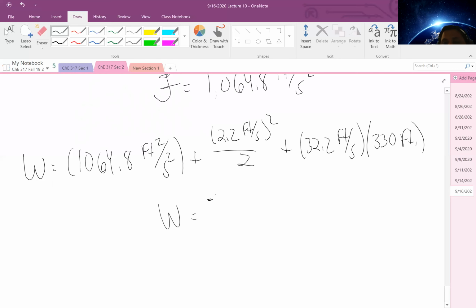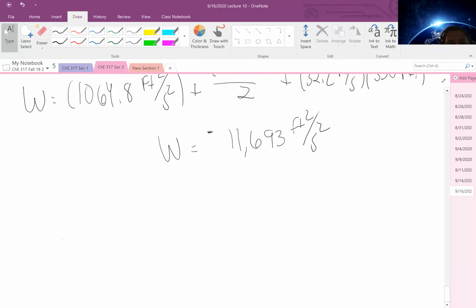So then work is going to be a negative pretty big number, 11,000. Actually, we don't even need the decimals. Feet squared per second squared.